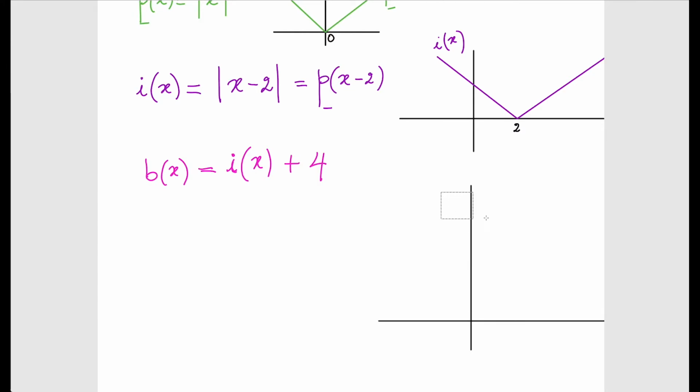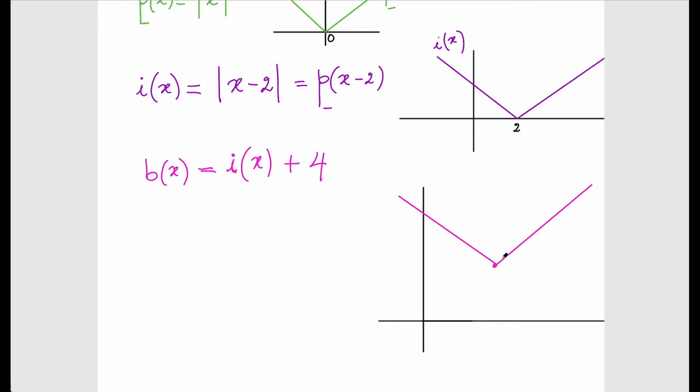Let me just shift that guy a little more. Okay, so I'm shifting I of x upward by 4 units. So that guy is gonna become now here. I'm gonna have these two branches, right? One more time. It's gonna be here. And it's gonna have these two branches. Something like this, right?